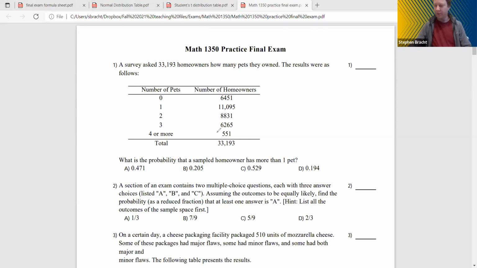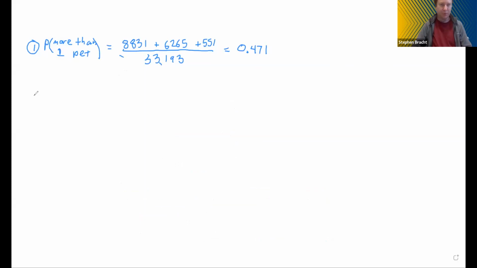So what I did, the tool I used to help with the sample space part is a tree diagram, where I basically said, okay, we've got one question with 3 answer choices, right? Those answer choices are A, B, C. And then regardless of which choice you choose on the first question, the second question also has 3 answer choices.